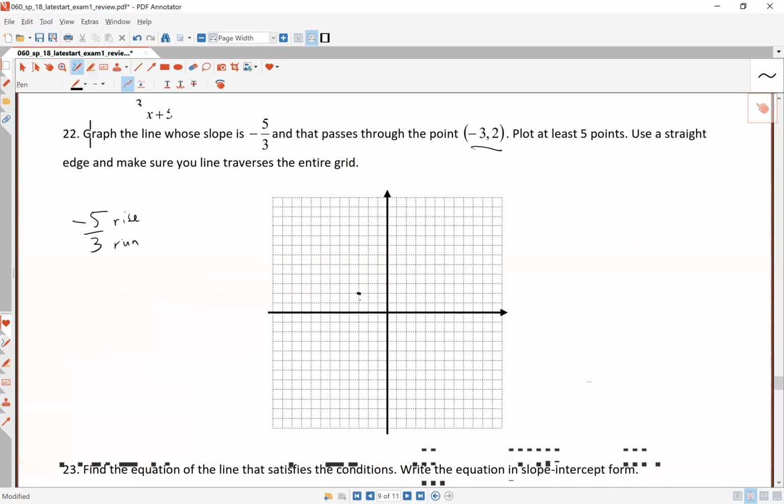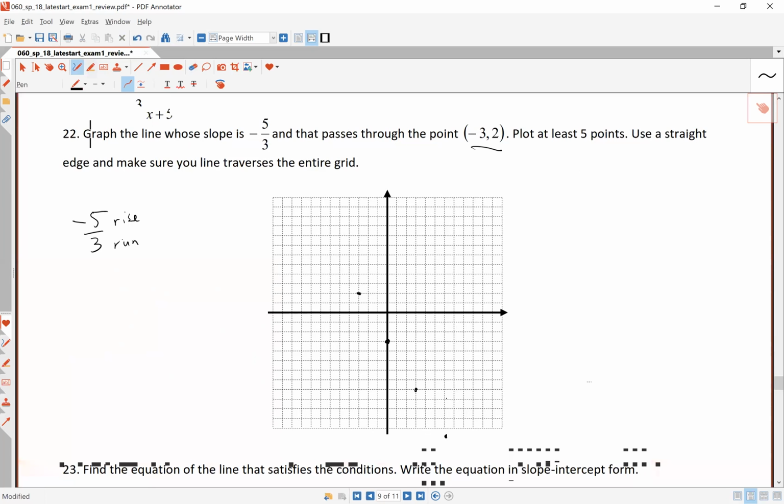So I rise -5, 1, 2, 3, 4, 5, and I run 1, 2, 3.